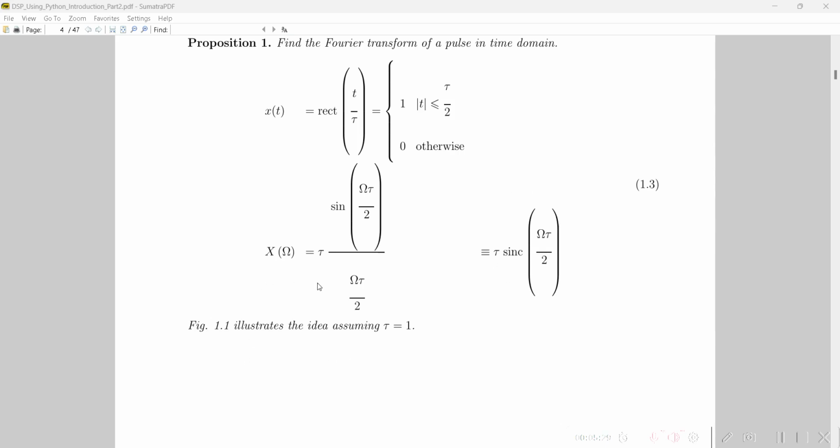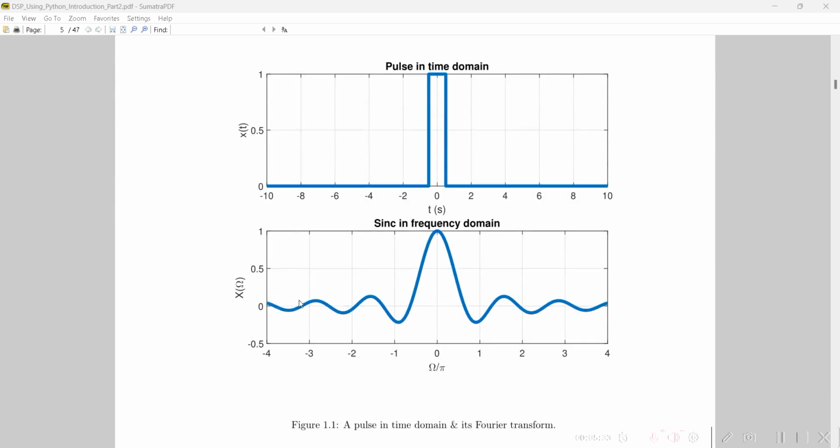Okay, we want to have a look at the two signals introduced right now. Pulse in time domain, you see here x of t, everywhere is zero, unless the duration we have applied for it.